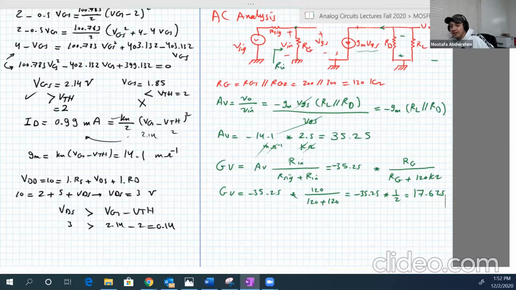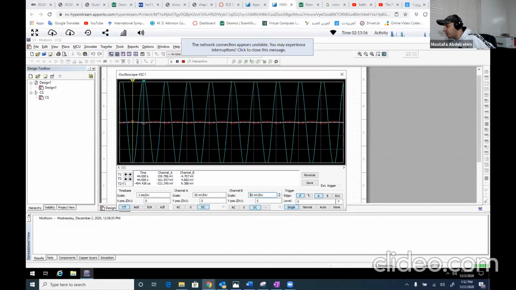If we divide it by 9.388, it will give you 34. Going back here, the output, the cyan one, is 300 millivolt. If we divide it by 9.388, if you do it by yourself, it will be 34.22. It's very close to 35.25.